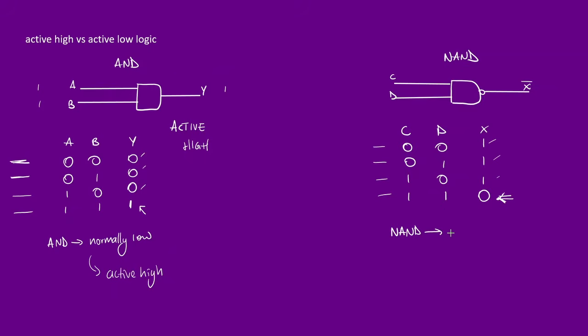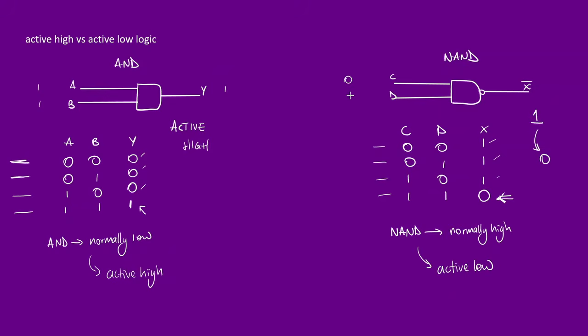NAND is normally high, because the natural state of my circuit is to be high, and for it to be active, the 1 will have to change to a 0.